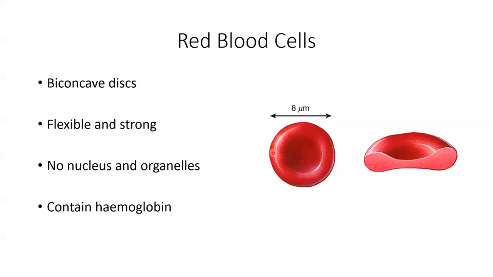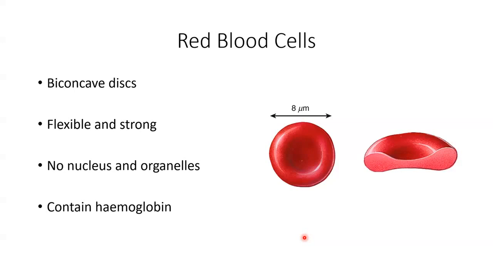Taking a closer look at each of those formed elements, red blood cells make up most of this component of blood. Red blood cells are biconcave discs, which is this shape here. Kind of looks a bit like a fruit tingle. They have a diameter of about 7 to 8 micrometers, which equates to about 1/1000th of a millimeter. So very, very, very small.